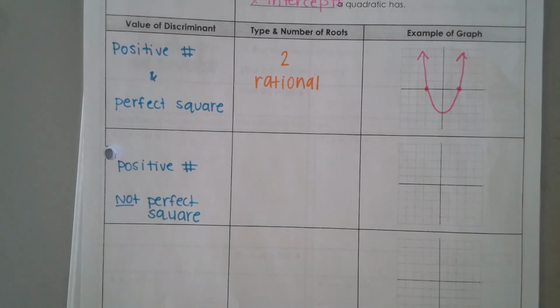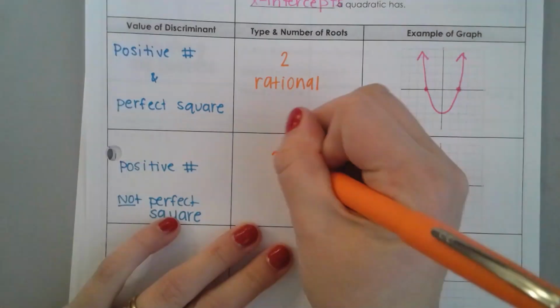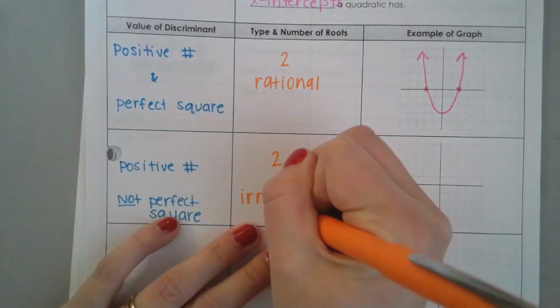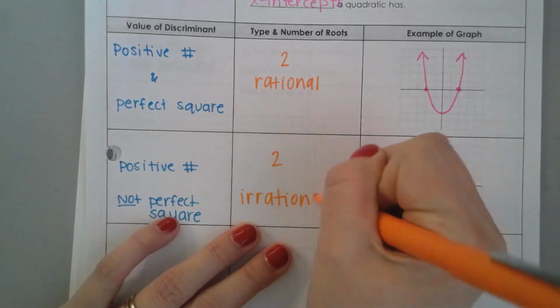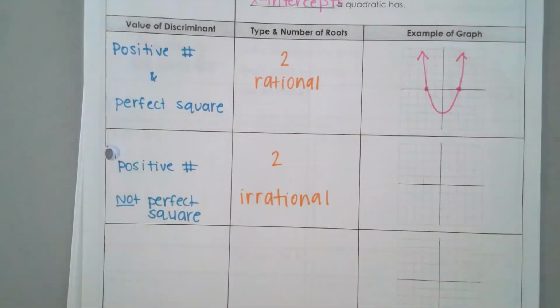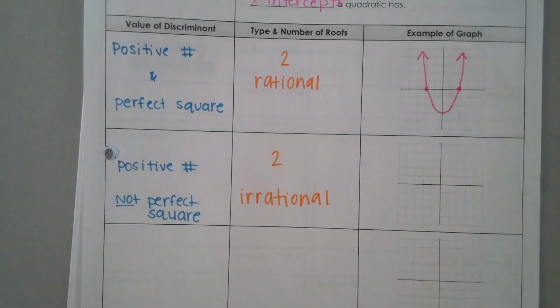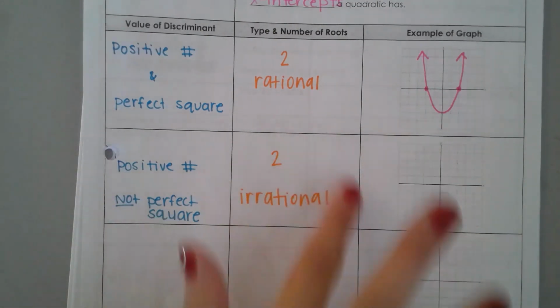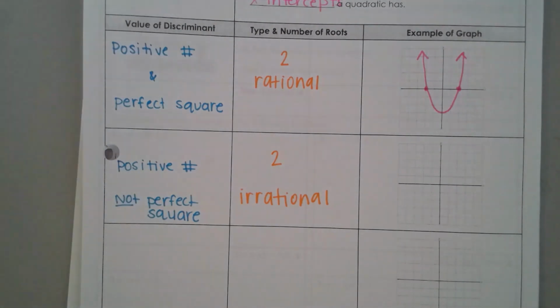Those are not perfect squares, but they're still positive numbers. We would have two irrational. So basically all of the examples that we did where we had to simplify the square root and we had a square root left in our answer, it's like 5.6, that lesson, all of those would have 2 irrational x-intercepts.